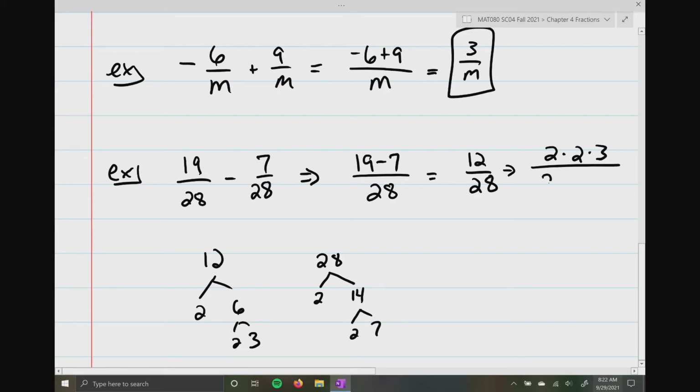So 2 times 2 times 7. Now you look for numbers that are the same in the numerator and denominator. So it looks like I can reduce the 2's. Here's the first set. There's the second set. So my final answer, 3 over 7.